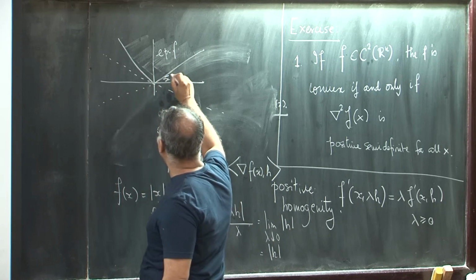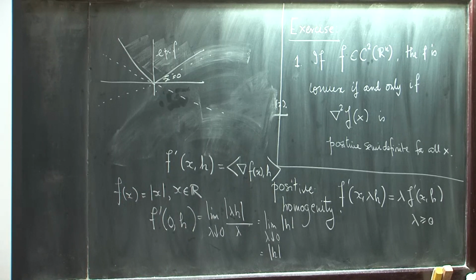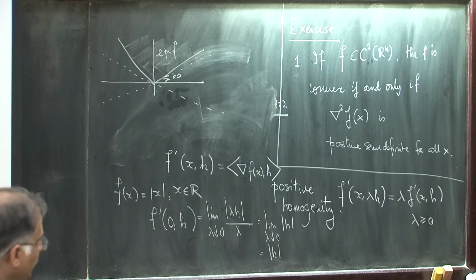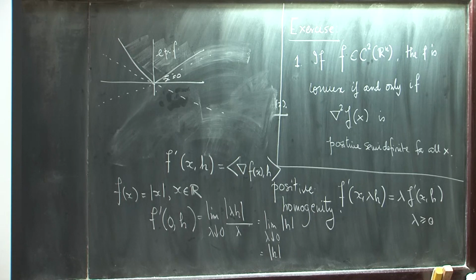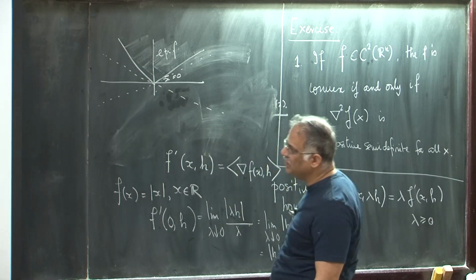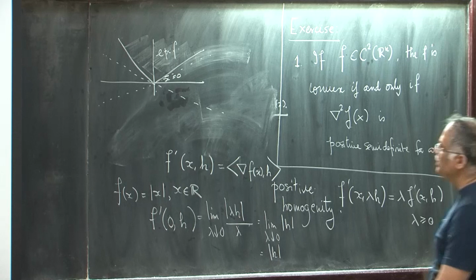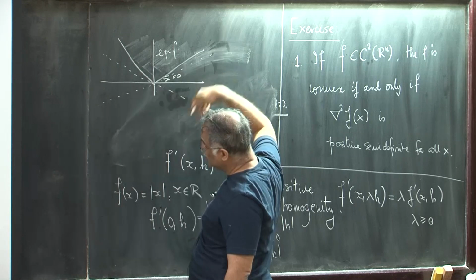Now, this point does not have a derivative. But the slope of any of the supporting hyperplanes, lines basically, can be considered a candidate for being a gradient. Each of these is called a subgradient, because they are not really gradients, since gradient means there is only one. The slope varies from +1, which is this line, to -1.